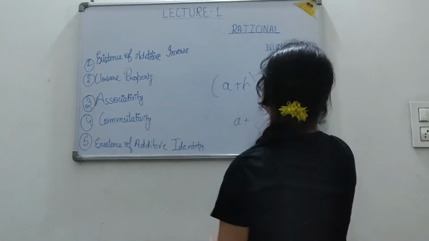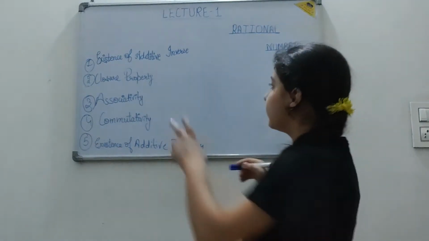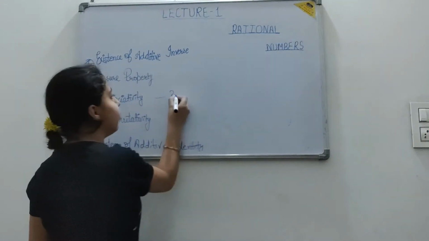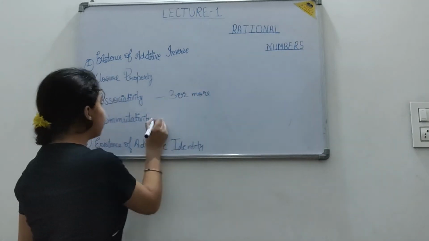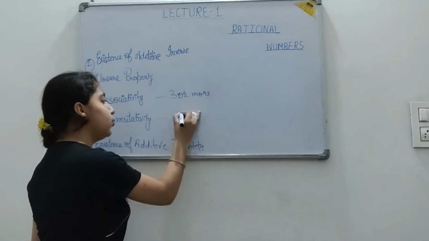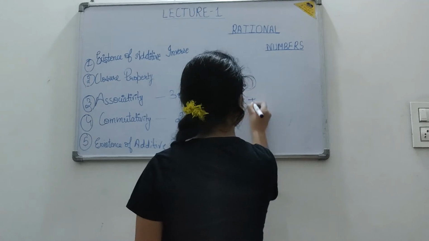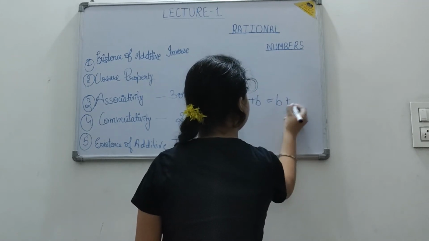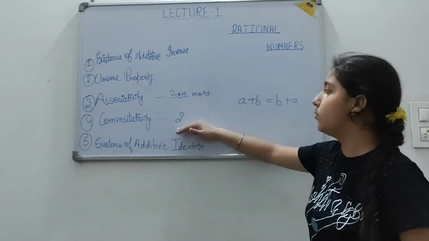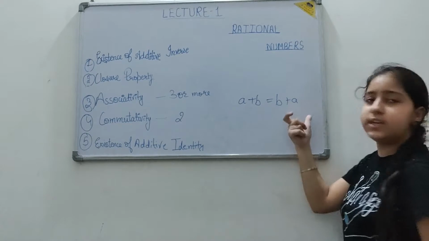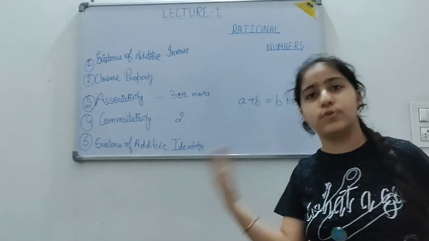The third property is the commutative property. Associative property is used for 3 or more numbers, whereas commutative property is used for 2 numbers, A and B. So A plus B is equal to B plus A.